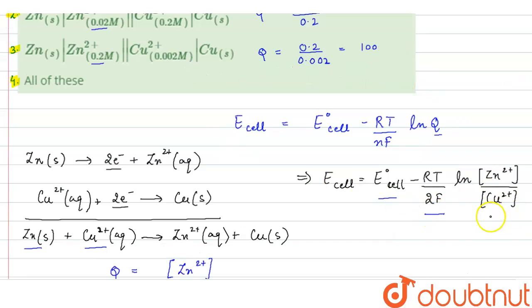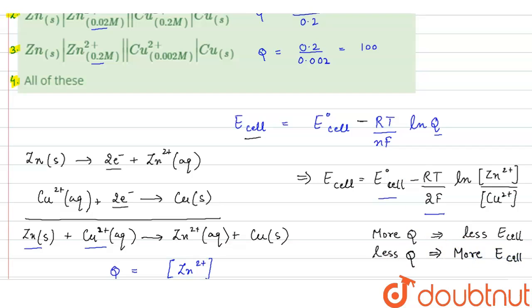Now from this equation, the more the value of Q, the lesser the value of E cell, because here we have a negative sign. So more Q means less E cell, and less Q will give more E cell.